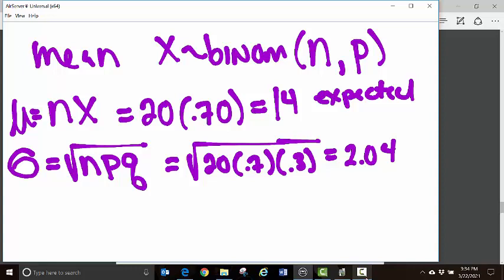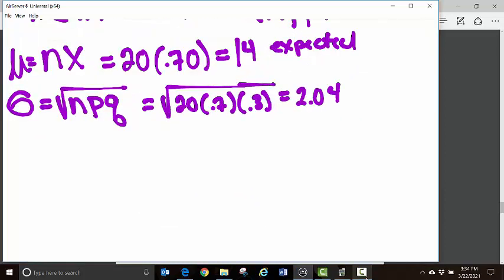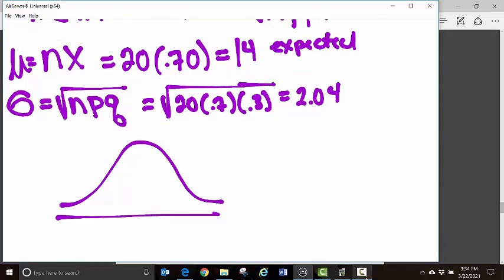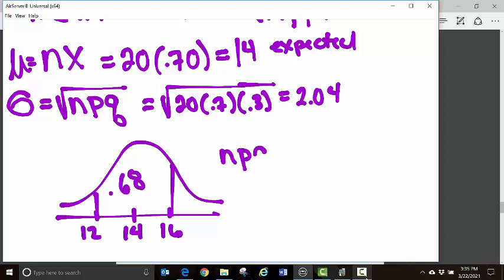Okay. Now, is this going to fit a normal curve? I don't know. Okay. But, no, the answer is no. But we know it's going to look like this. It's going to sit around 14 with about a 2 standard deviation. But is it going to be 68% between here and here? Is it really normal? I only know if n times p times q is greater than or equal to 10.